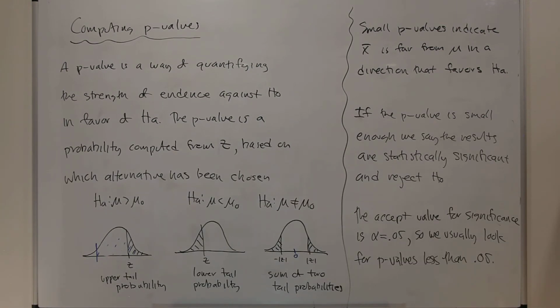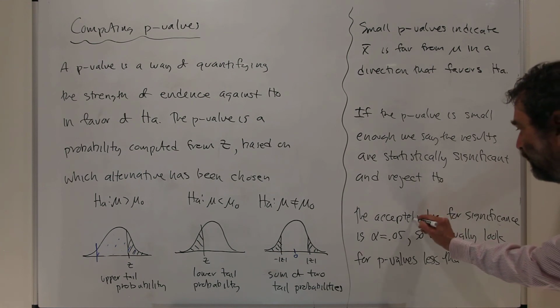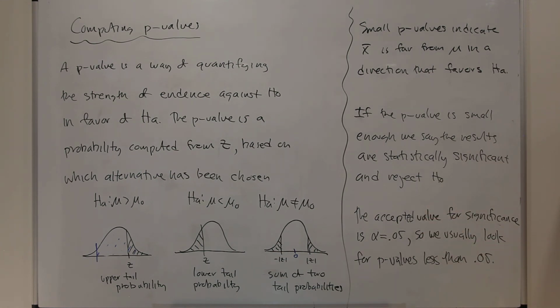If the p-value is small enough, we say the results are statistically significant and we reject the null hypothesis. The accepted value for significance is alpha equals 0.05. It's a probability, and it's a small number. It's 1/20th of the time. So we usually look for p-values less than 0.05.